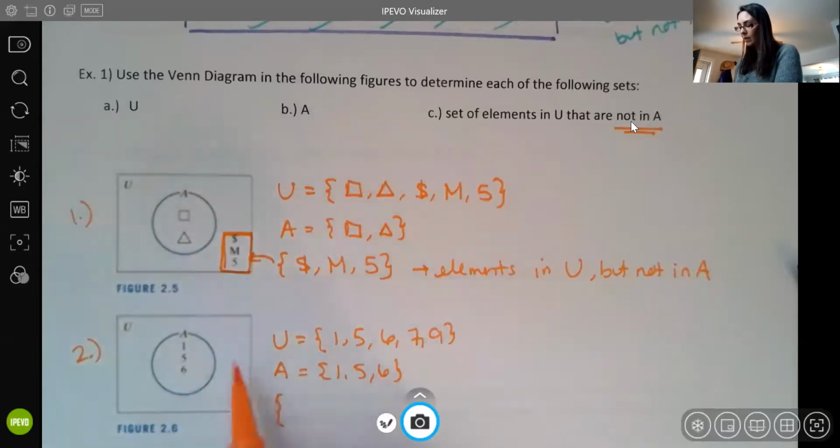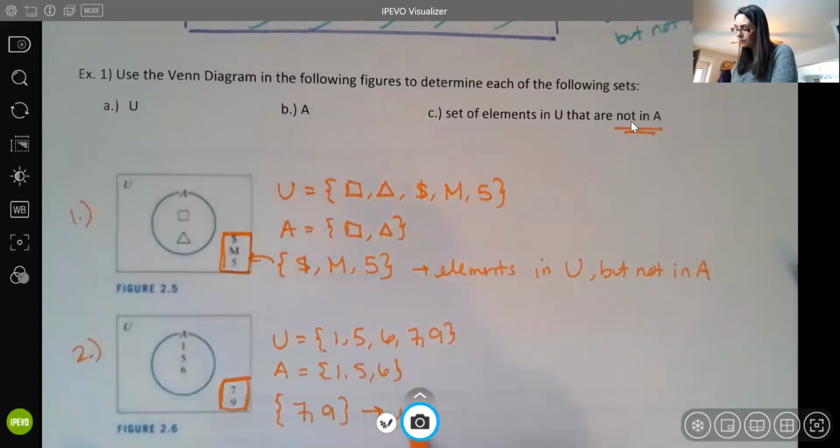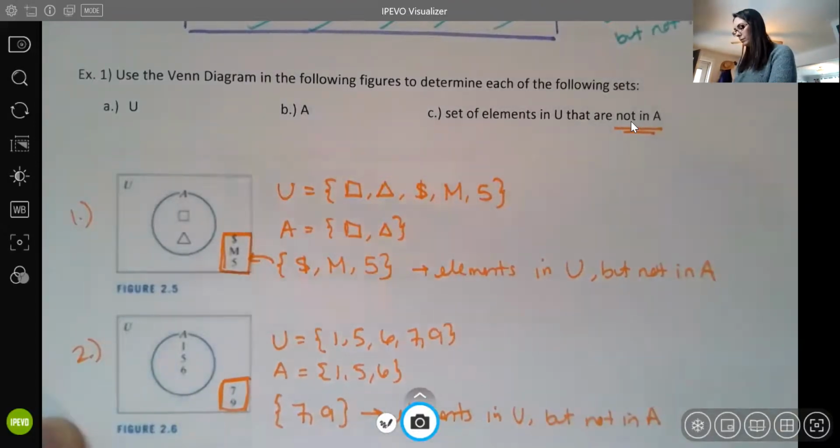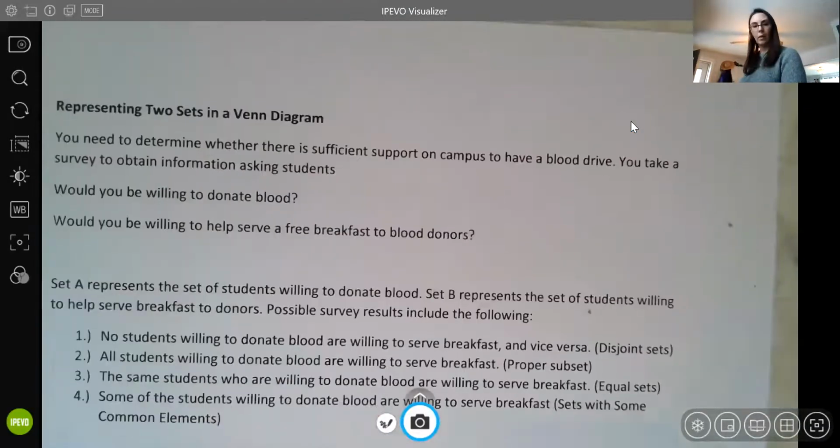It would be the 7 and the 9 here, right? These are outside of A, but they're still part of the problem. So again, just a little bit about reading those Venn diagrams.